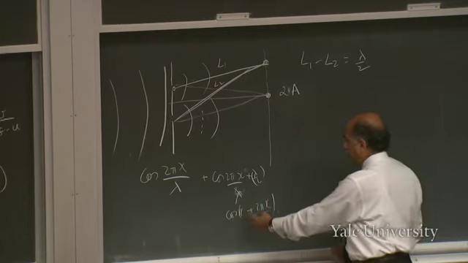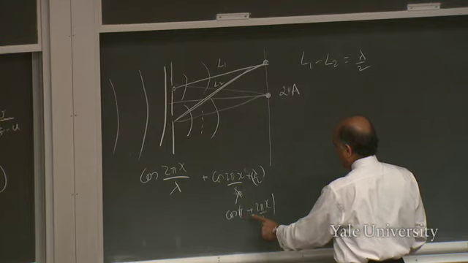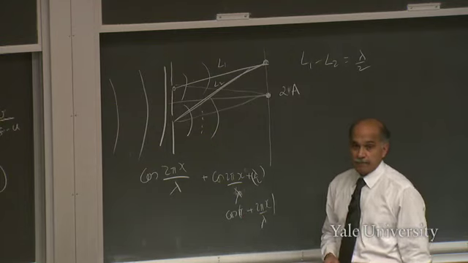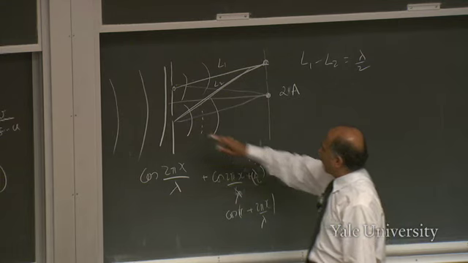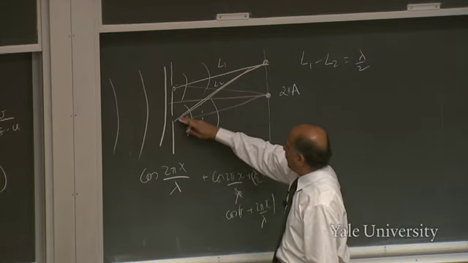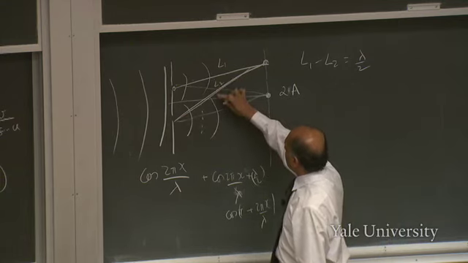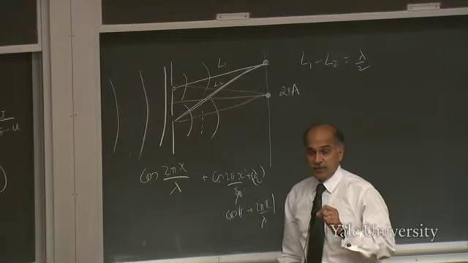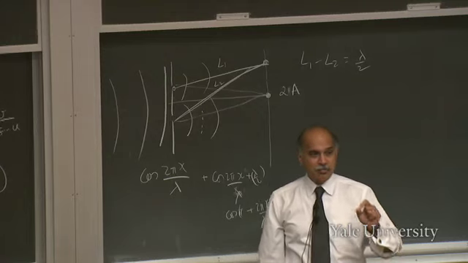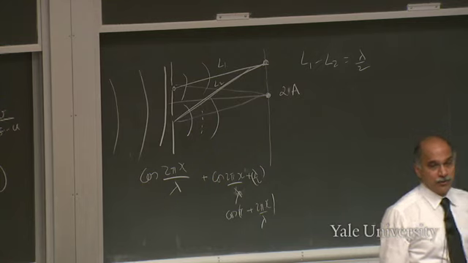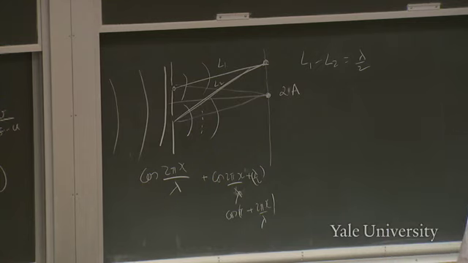But if pi is added to anything, it changes the cosine to minus itself. So the way to think about it is when you're half a wavelength behind coming from here, whatever this one does, this does minus of that, because shifting by half a wavelength is adding a pi to the cosine. Adding a pi to cosine changes it to minus its value at every instant.